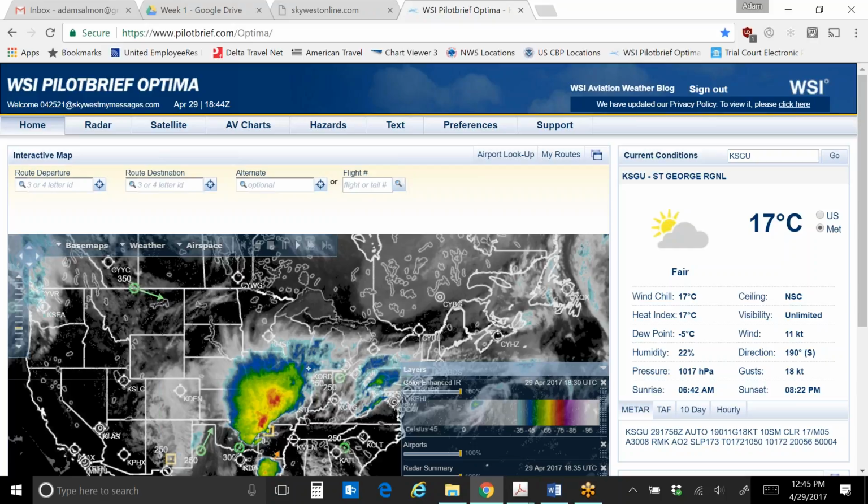But another way you can do it without even having to do that at all is if you know the dew point. If you know the dew point's -5, you can look outside, and that's where you would get cloud formation, at that level. So if you know that you're 17 degrees on land, then just simply do your 2 degrees per 1,000 feet, and that's how high you can figure out clouds are without any equipment at all, other than just knowing the dew point.